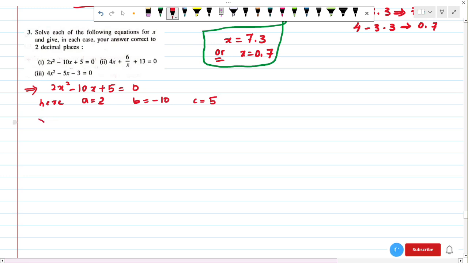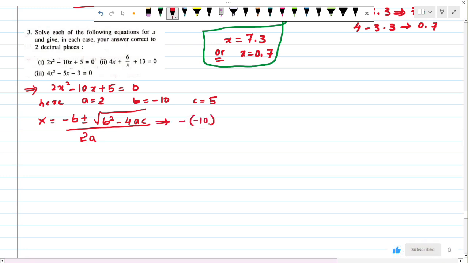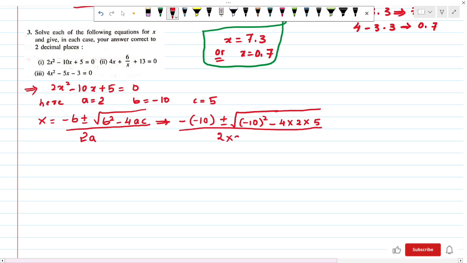So x is equals to minus b plus or minus root of b square minus 4ac divided by 2a. If I substitute the values, minus b as minus of minus 10, plus or minus root of b square is minus 10 square, minus 4 into a is 2 into c is 5, divided by 2 into a value is 2.